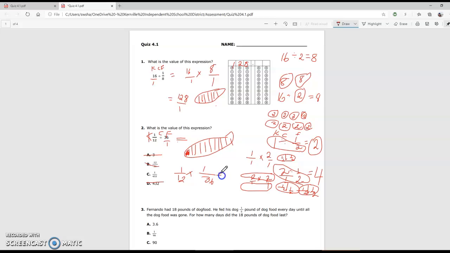So you say 1 times 12 over 36. Remember, you multiply across the numerator and across the denominator. 1 times 1 is 1, and 12 times 36 is 432. So your answer is C.